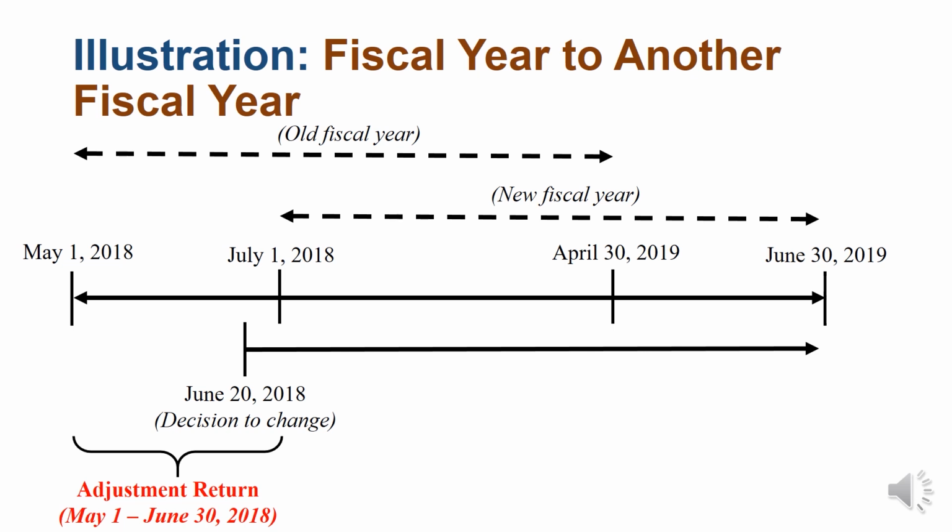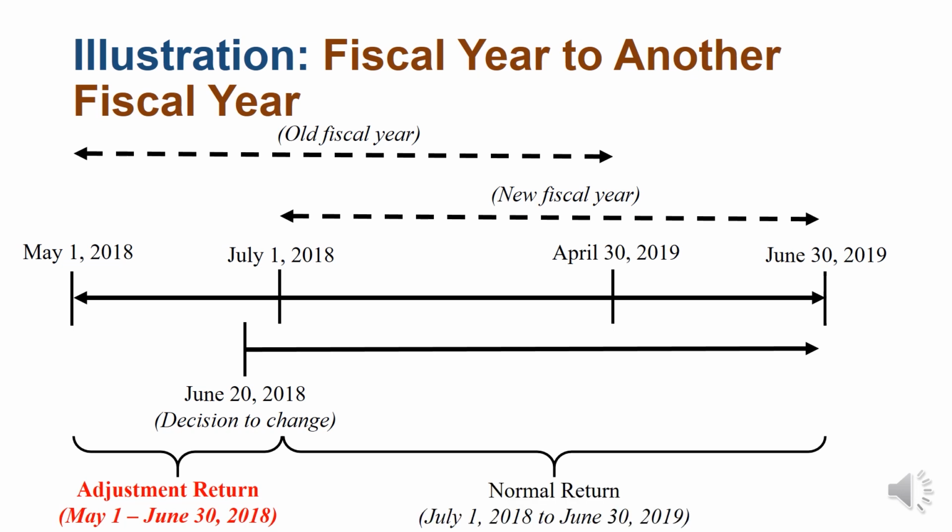Always remember the beginning of the old fiscal year and the beginning of the new fiscal year. So it's actually the same with the last two illustrations we have in the preceding minutes. Okay? So effective July 1, 2018 to June 30, 2019, the incomes will be covered under the normal income tax return. So again, the adjustment return will only cover the short period covering May 1 to June 30, 2018.